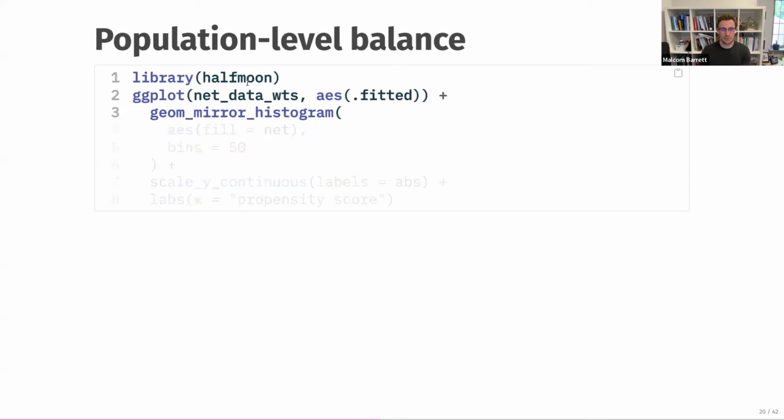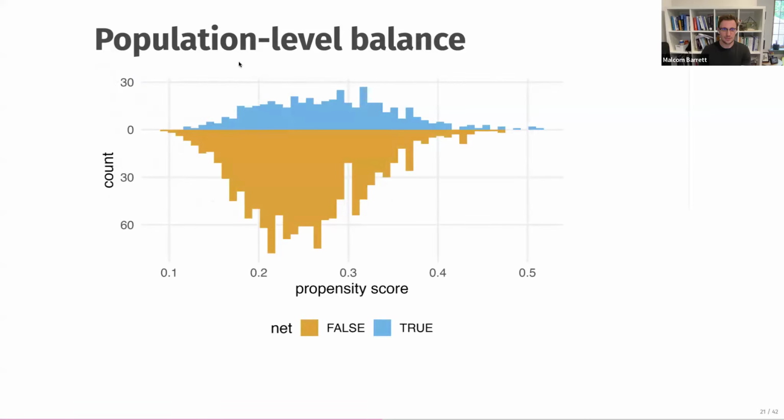So we're going to use the halfmoon package and a function called geom_mirror_histogram to look at this population-level balance. On the x-axis, we have the propensity score from that model that we made. And then on the bottom, we have a histogram of people who did not use nets and a histogram of people who did use nets across the distribution of the propensity score. So this is the distribution that we see in the raw data.